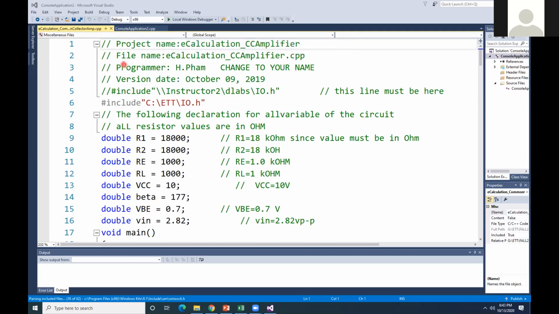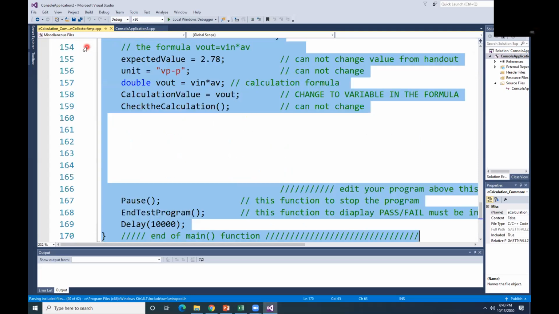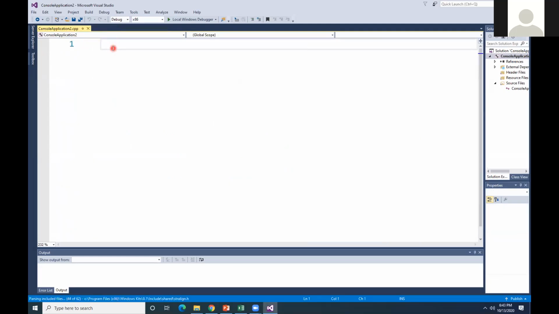So basically you want to copy everything. In order to do it, what do you do? Control A, right? Okay, then Control C. Now you exit this one, we don't need it anymore.